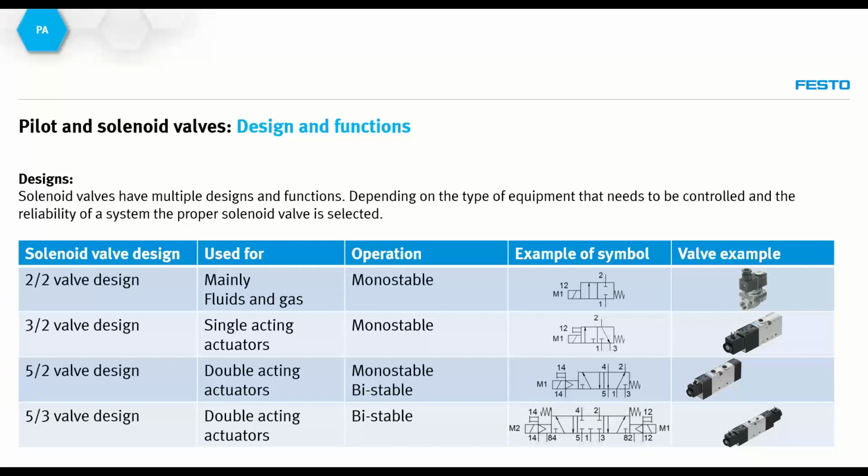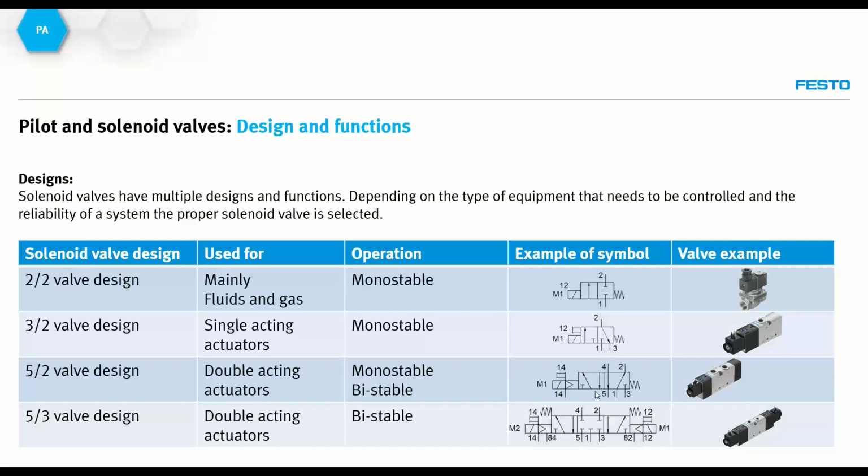Again, in a monostable valve, a spring defines the basic position of the solenoid valve, and by energizing the electrical coil, the switch is made, and port 1 to 2 will change to connect port 1 to 4. The return ports to release the compressed air from the channels of the previous position will be used by both port number 5 and port number 3.